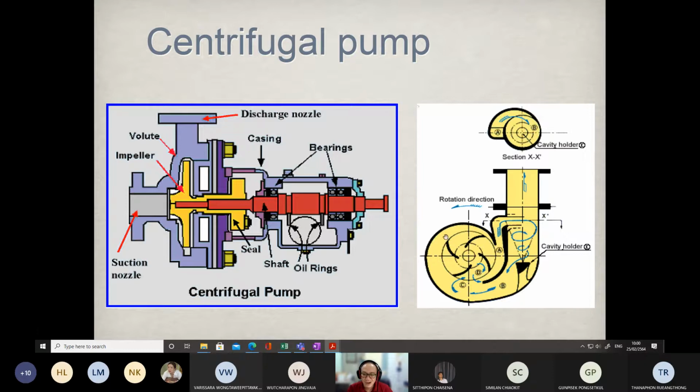So the ratio between this distance with respect to the casing area is basically constant.